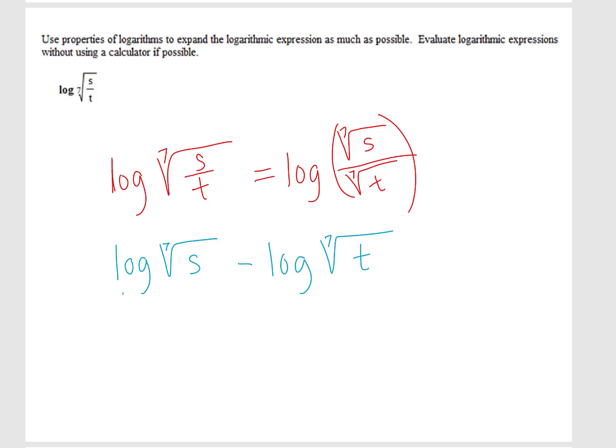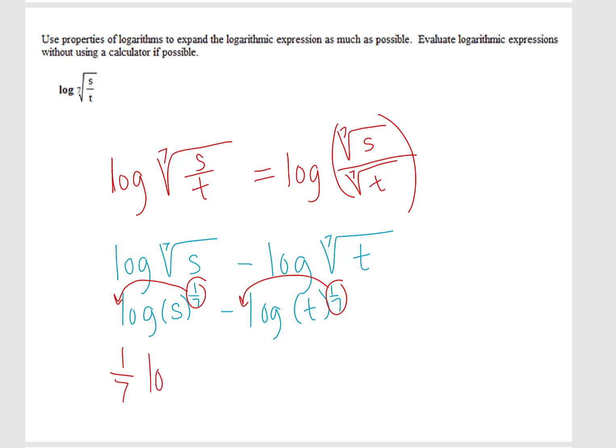And then express this as an exponent rather than a radical. And then take these to the front. So 1/7, that one was tricky. 1/7 log of s minus 1/7 log of t.